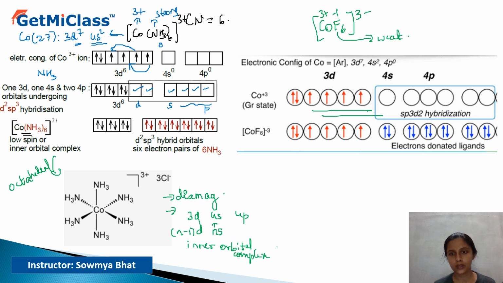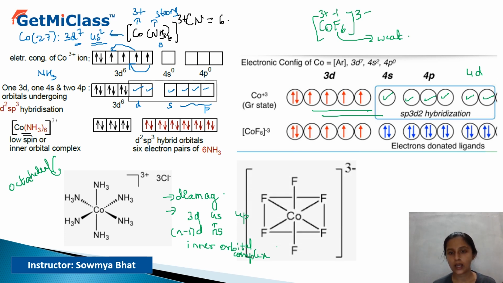You need 6 orbitals from the metal, because each fluoride is going to donate one pair of electrons. So one orbital, 2, 3, 4, and you need 2 more. Those are taken from the 4d orbitals. So totally 6 orbitals are going to hybridize and form sp3d2 hybrid orbitals, and they are occupied by the electron pairs given by the ligands, which is shown in blue color.